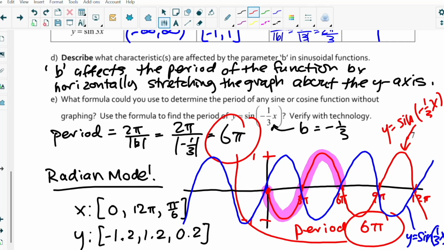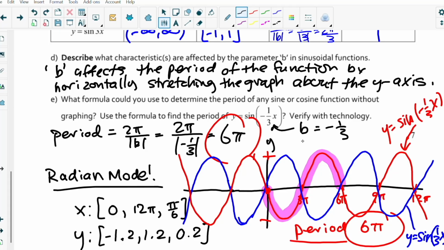And think about, is it a graph that reflects in the y-axis?